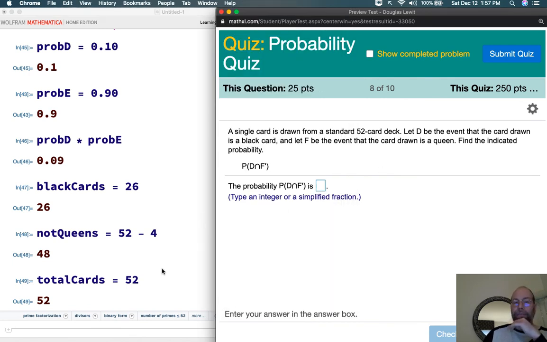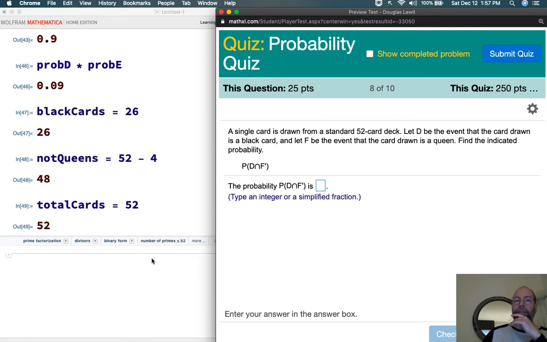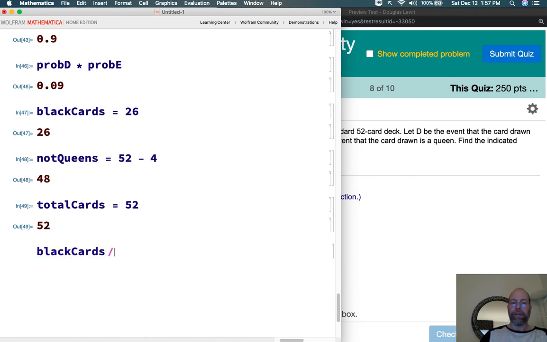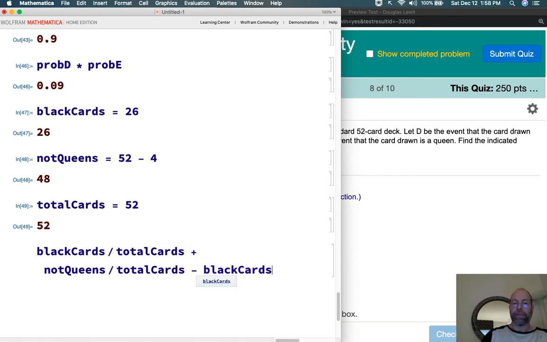So to solve this problem, basically you're going to take the probability of drawing a black card, plus the probability of drawing a card that is not a queen, minus the product of the two. So black cards divided by total cards, plus not queens divided by total cards, minus the product of the two.